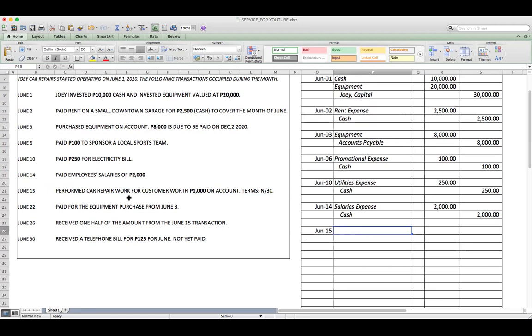Hindi mo agad masagot no? Kasi, sir, wala akong natanggap dito. Parang ganun. So, pwede mong balikan yung sinabi ko kanina na unahin mo yung credit na account title. So, ano ba yung ginawa mo? Ano ba yung ibinigay mo? Ang ibinigay mo ay serbisyo. You performed a repair work for your customer.